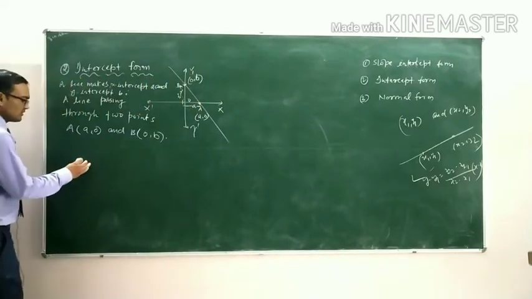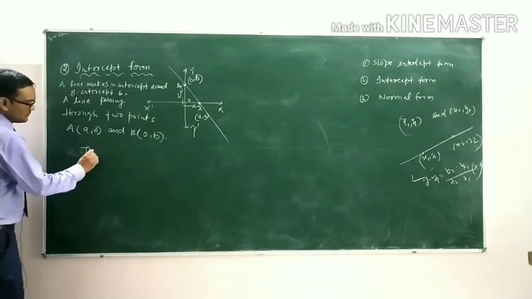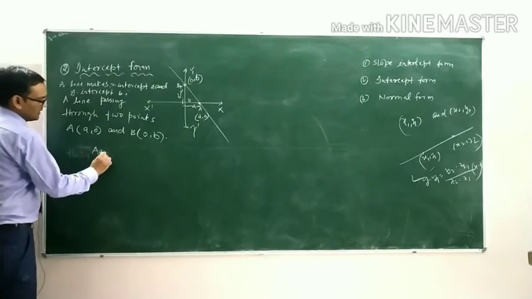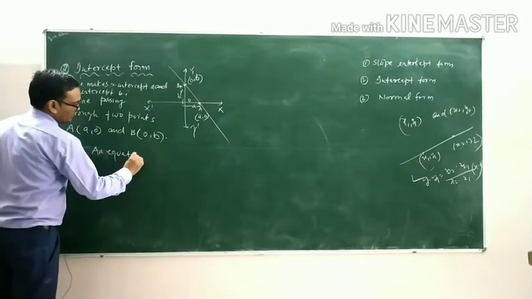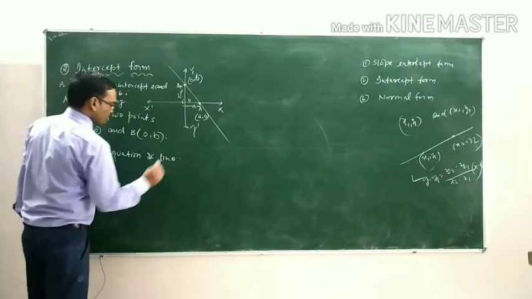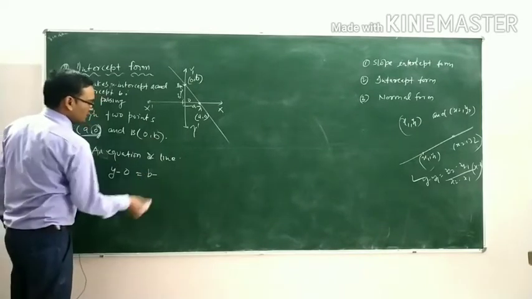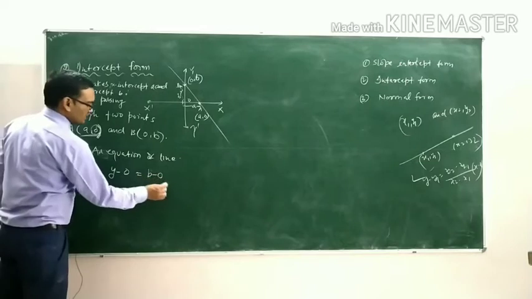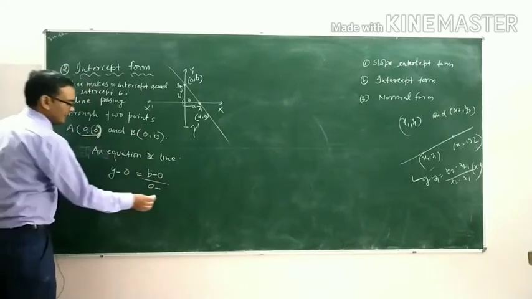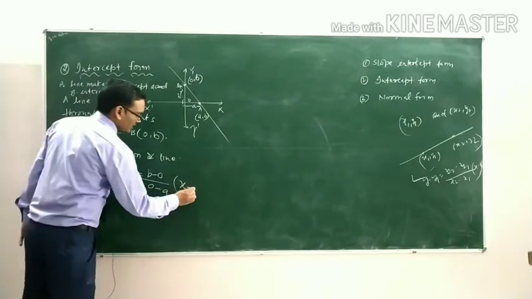Okay students, then the equation of the line: y minus y2 is b minus y1 which is 0, and x2 is 0 and x1 is a, into x minus x1 which is a.